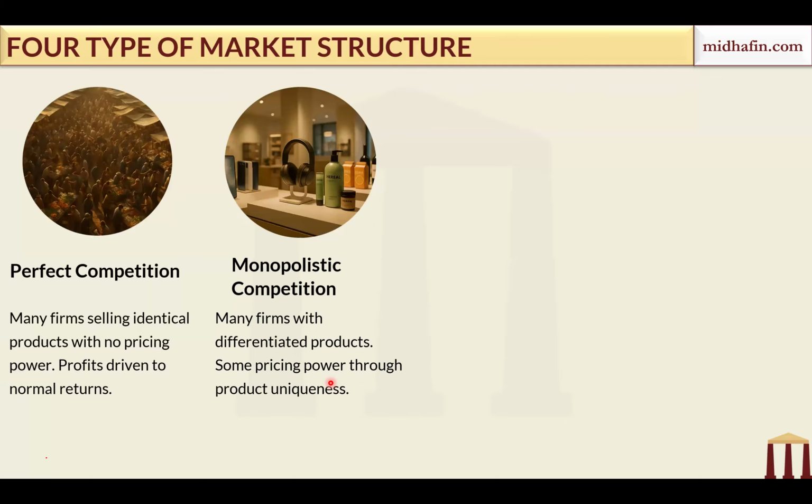But still in this case also the entry into the market is not very difficult, although it's not as easy as perfect competition. Again, even in perfect competition, if you see agricultural based commodities, acquiring land and irrigation facilities is not easy, right?